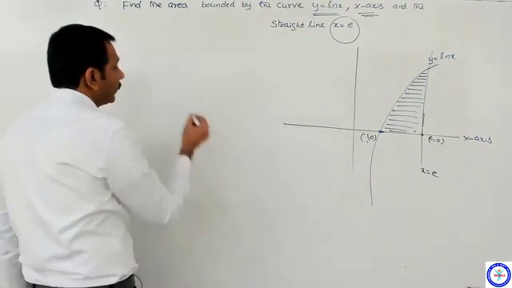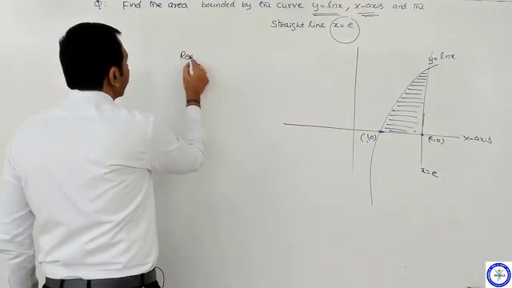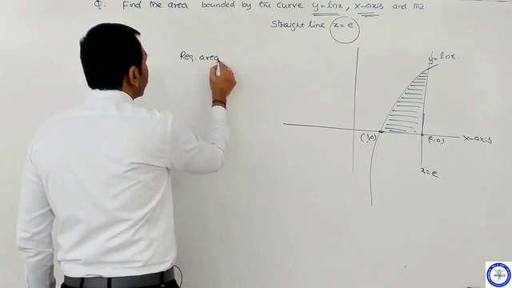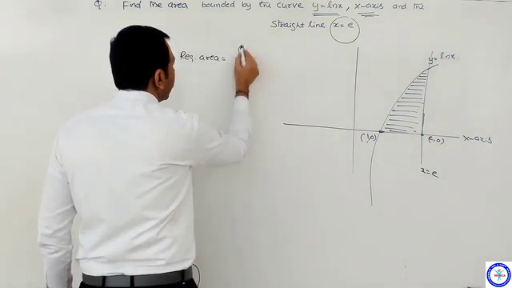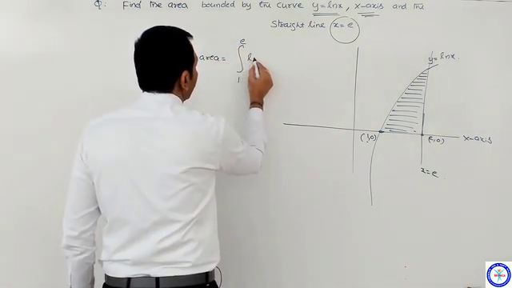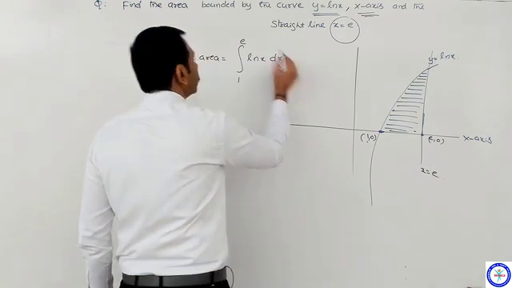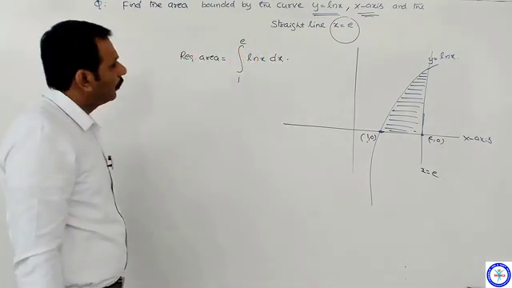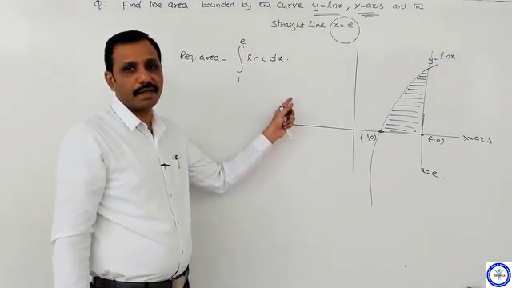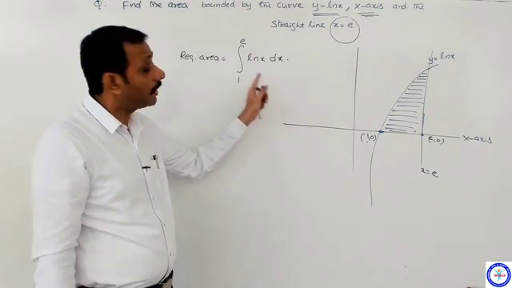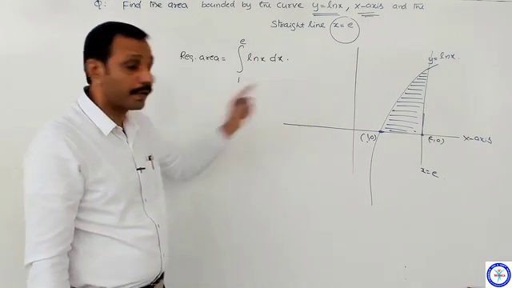Now therefore that shaded area or required area is equal to integral 1 to e ln x. That's all. You know how to find integration of ln x by using by parts. Ln x into 1 we have to take.